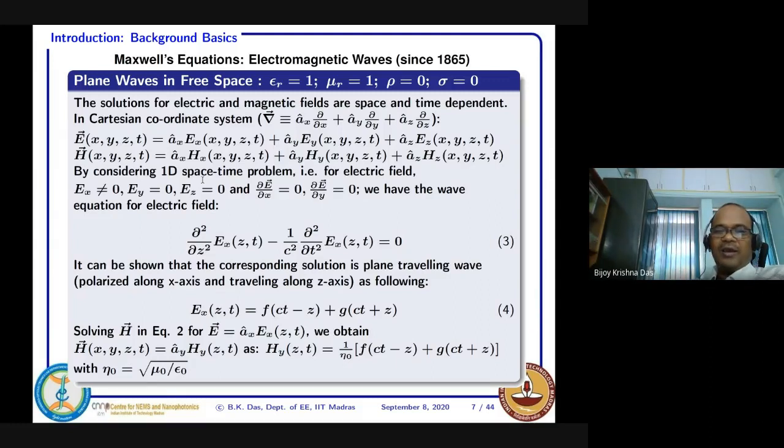And since it is a vector, we can consider Ex is non-zero. That means the electric field is only along the x direction. We can safely put Ey equal to 0, Ez equal to 0. Nothing wrong, just for understanding purposes. Practically it may not be so. I just idealize my situation.